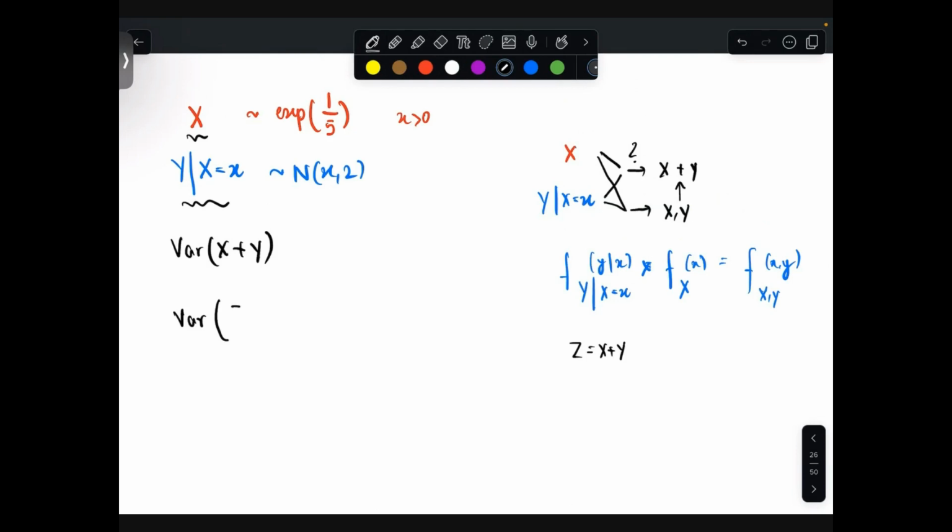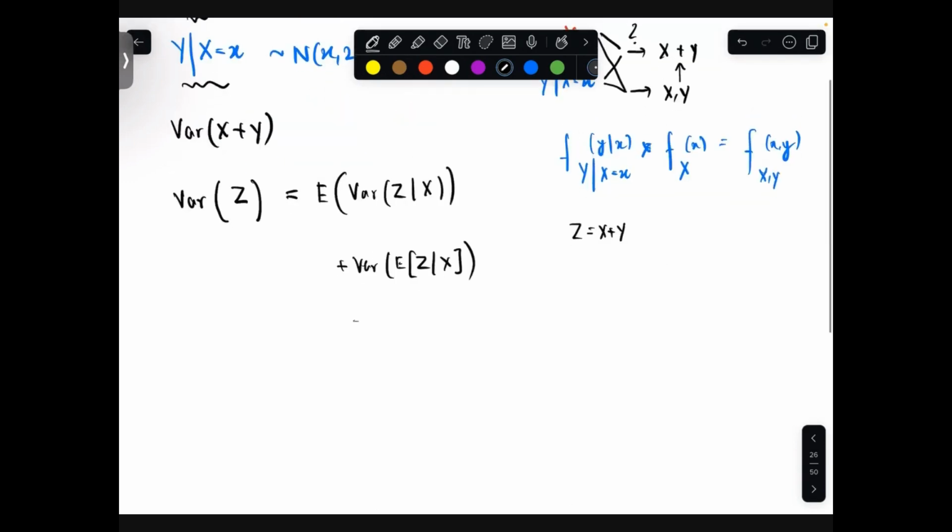There is a basic result that the variance of Z is equal to the expectation of the variance of Z given X, plus the variance of the expectation of Z given X. This is called the smoothing property of a random variable.